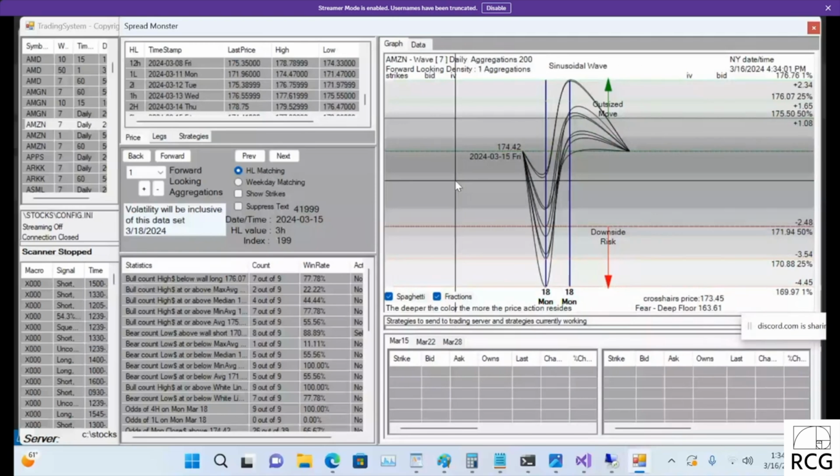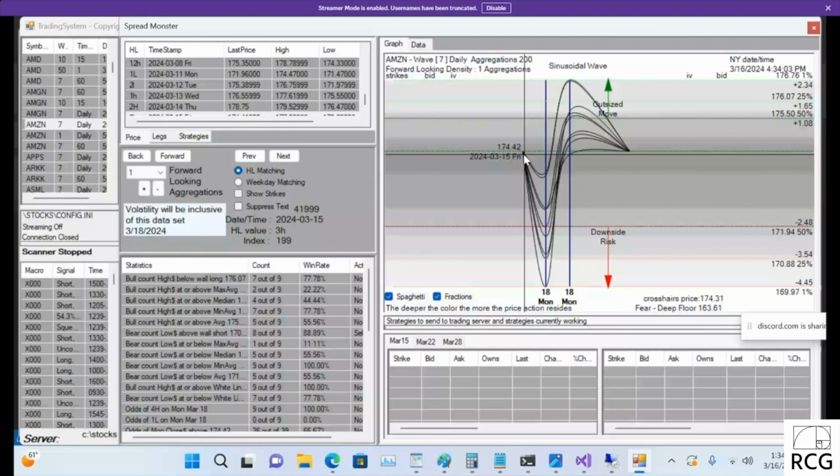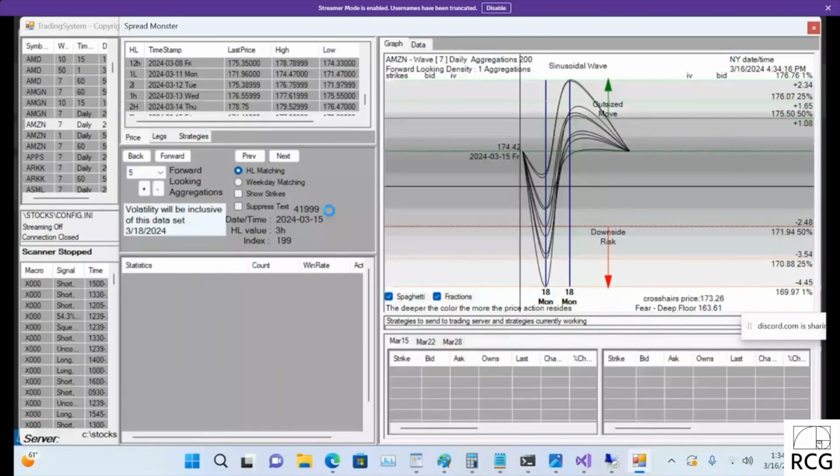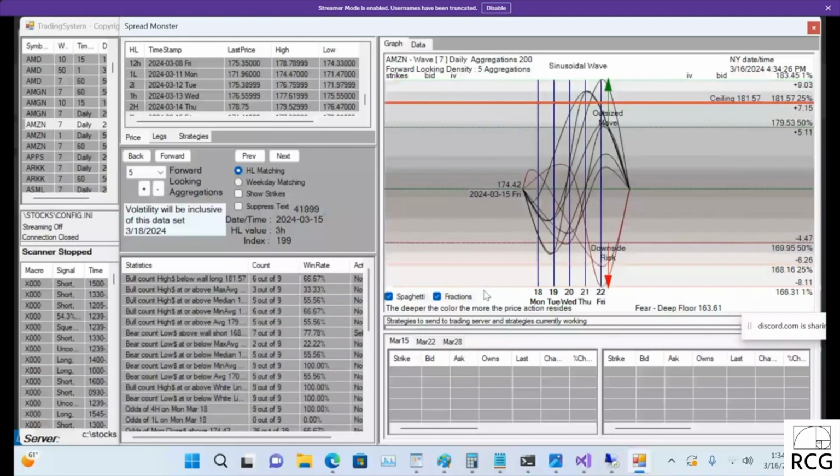Yes, and the reason for that is it does calendar spreads. It's not automatically hooked up to do the calendar spread. You kind of have to do it manually. But I am now looking at forward-looking aggregations based on the fractal geometries that are coming into the system.